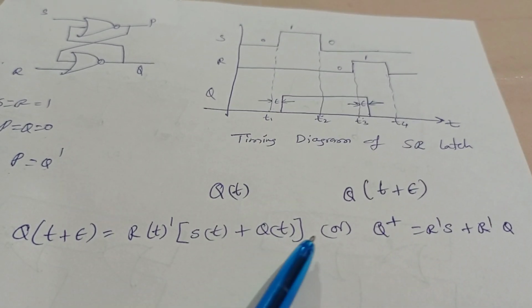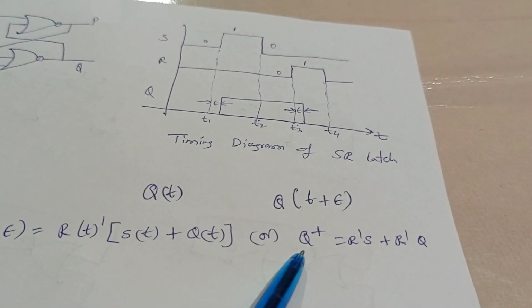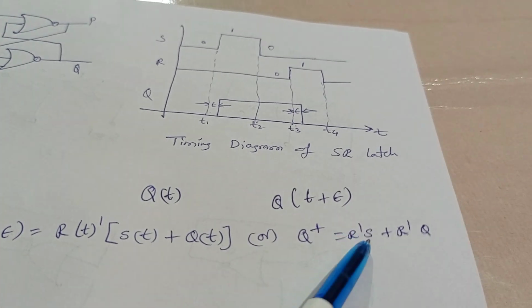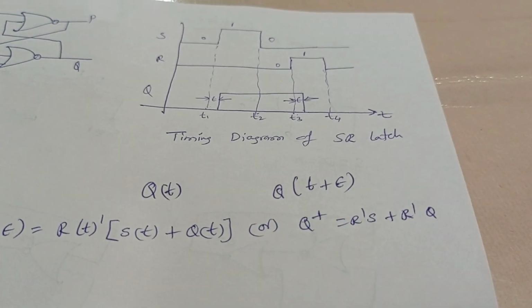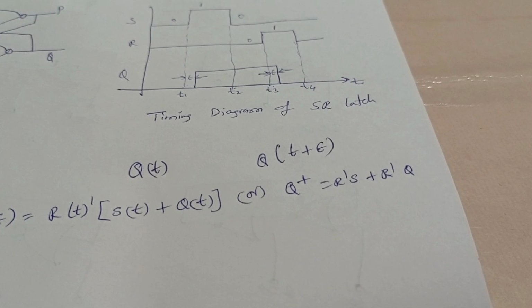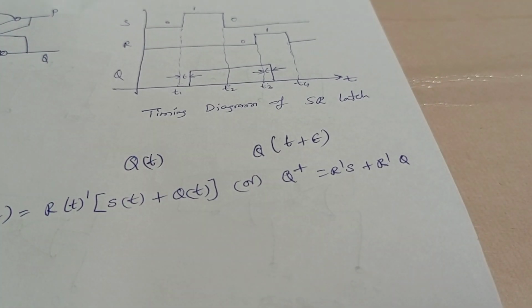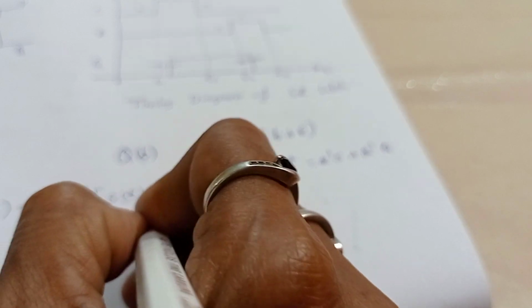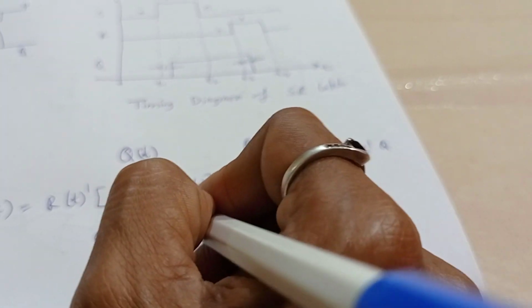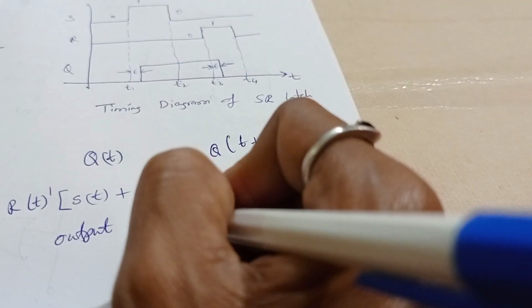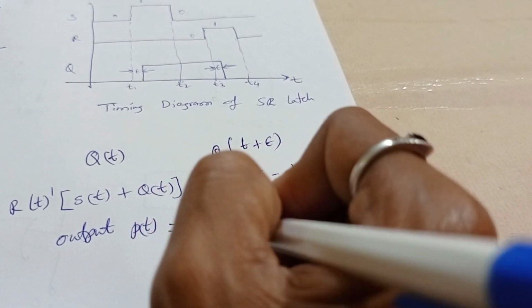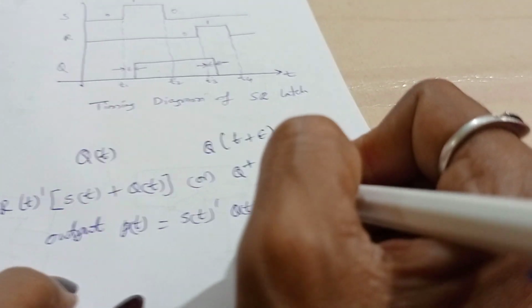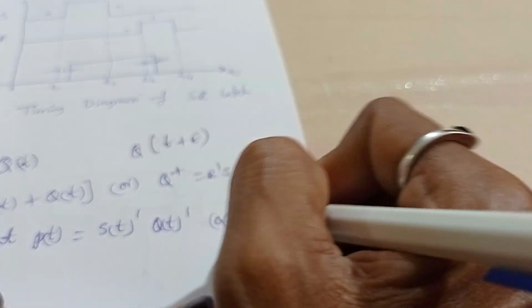Or this can be written as Q plus is equal to R bar S plus R bar Q. The output equation P of t becomes S of t bar into Q of t bar, or P is equal to S bar Q bar.